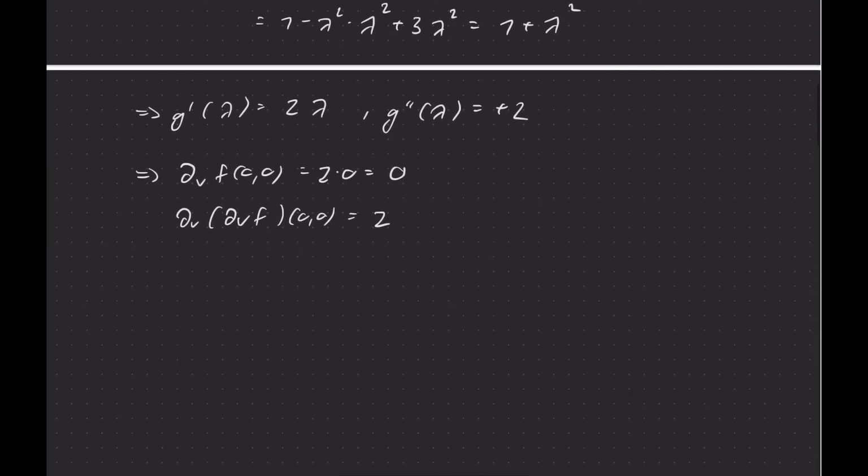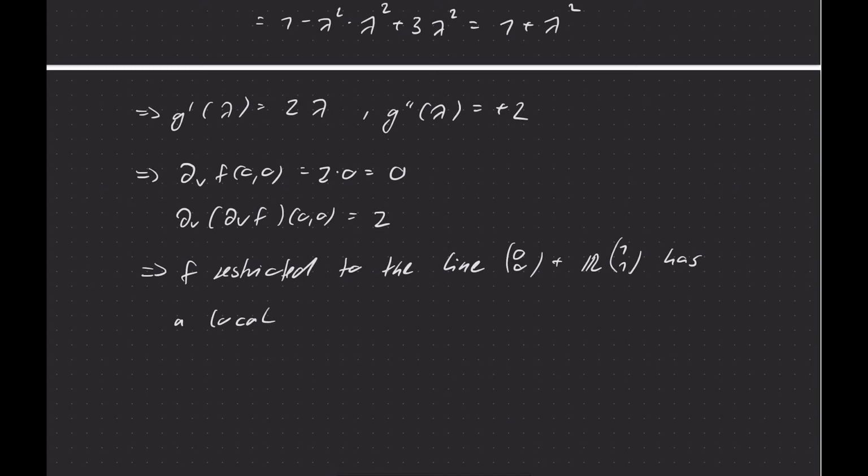So what that means is f restricted to the line (0, 0) plus r times (1, 1) has a local minimum at x equals 0, 0. And again, that is consistent with our findings from before.